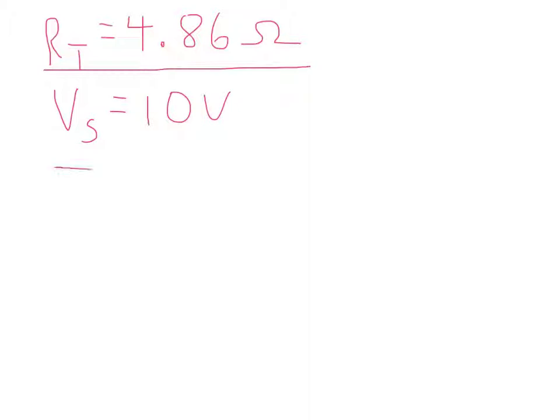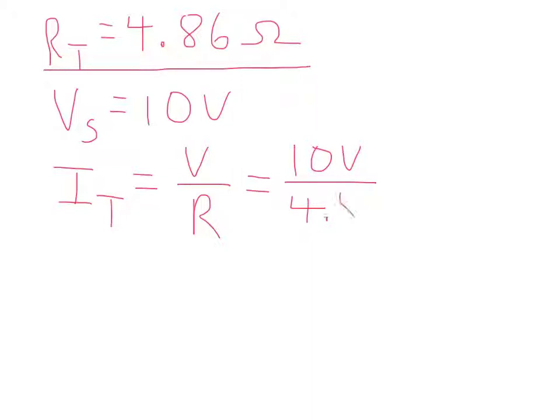The next thing we find is going to be the total current in my circuit. So Ohm's law for I is voltage divided by resistance. Since I'm looking for the total current, this is going to be the source voltage, which is 10, divided by the total resistance, which is 4.86 ohms.